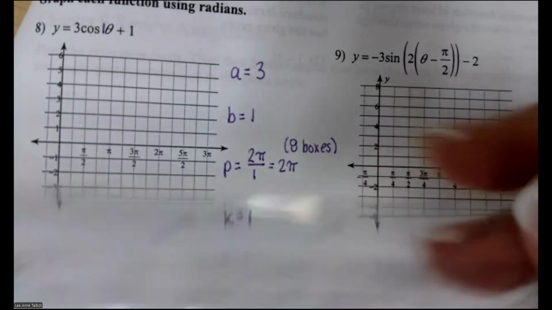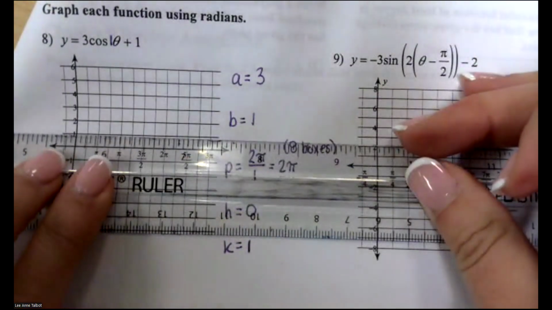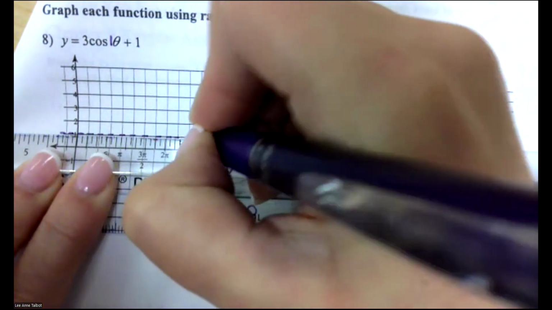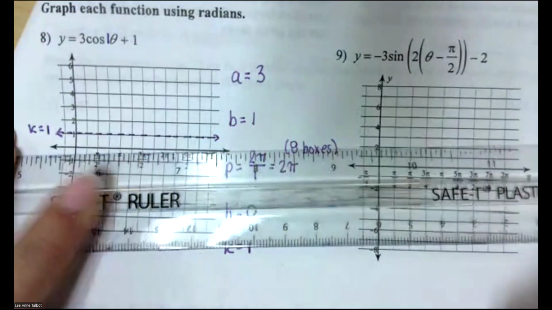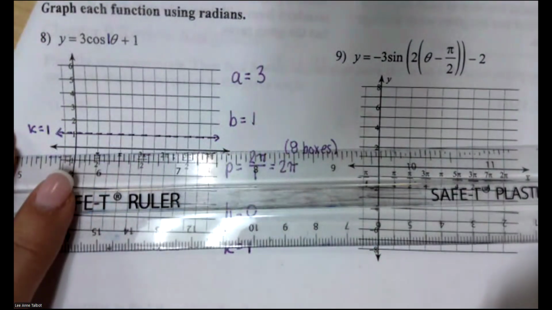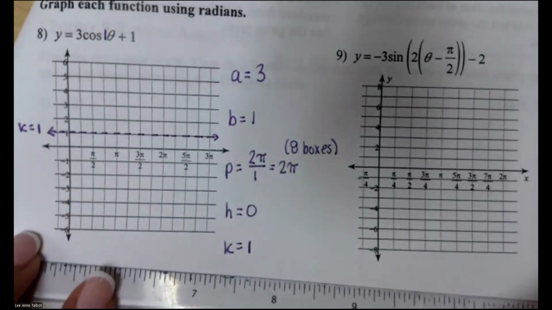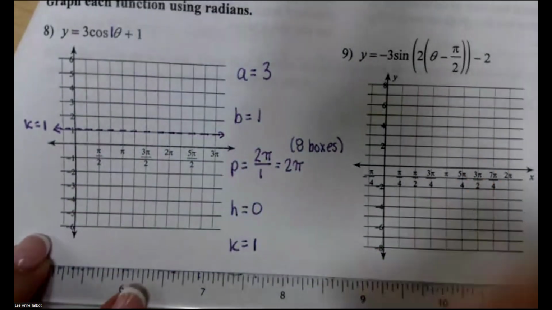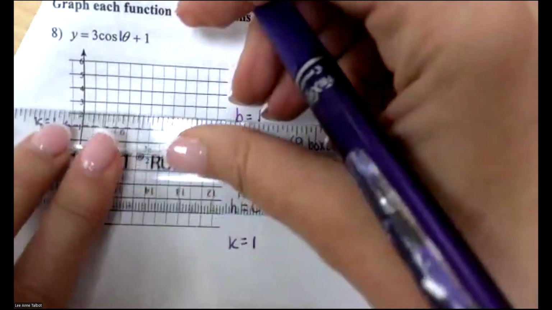All right, so K equals 1. I'm going to put my midline in. And then amplitude 3 on either side of that.